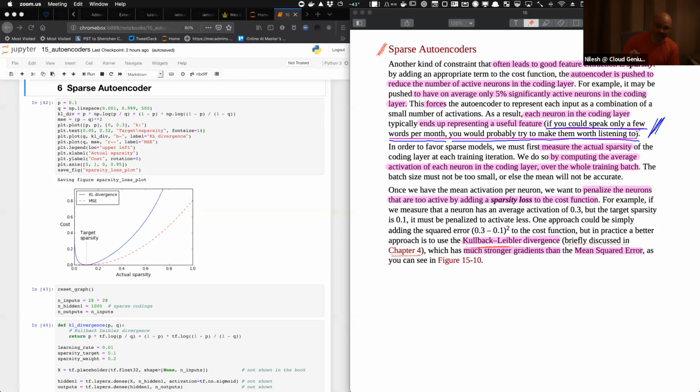If you had this artificial constraint, that you can speak only a certain number of words per month, you would be very careful in choosing the right words, only the ones that have real meaning, and you would force yourself to detect the most important, most useful things to communicate. And that's how you would think about sparse autoencoders. This is just a way of thinking.